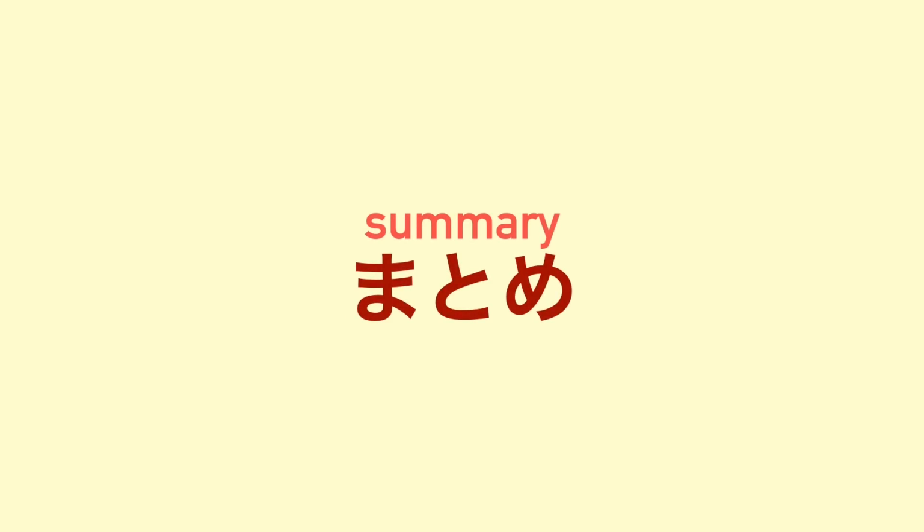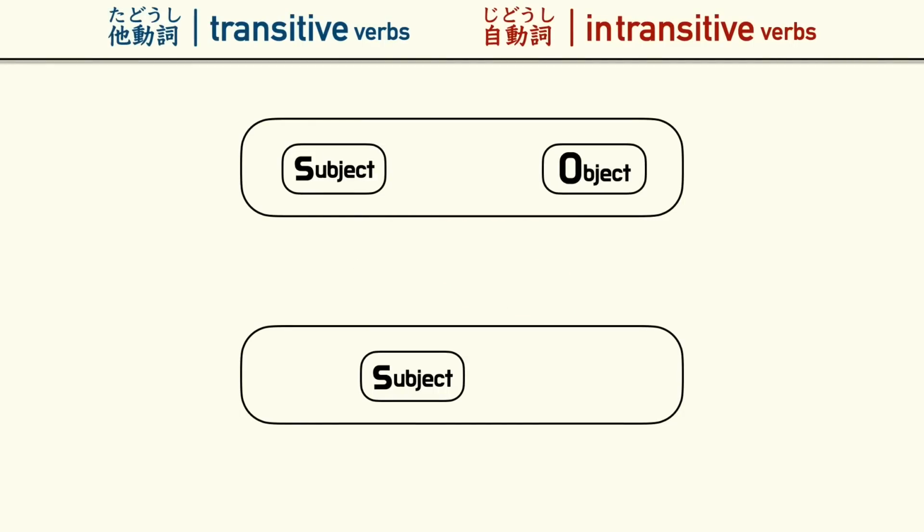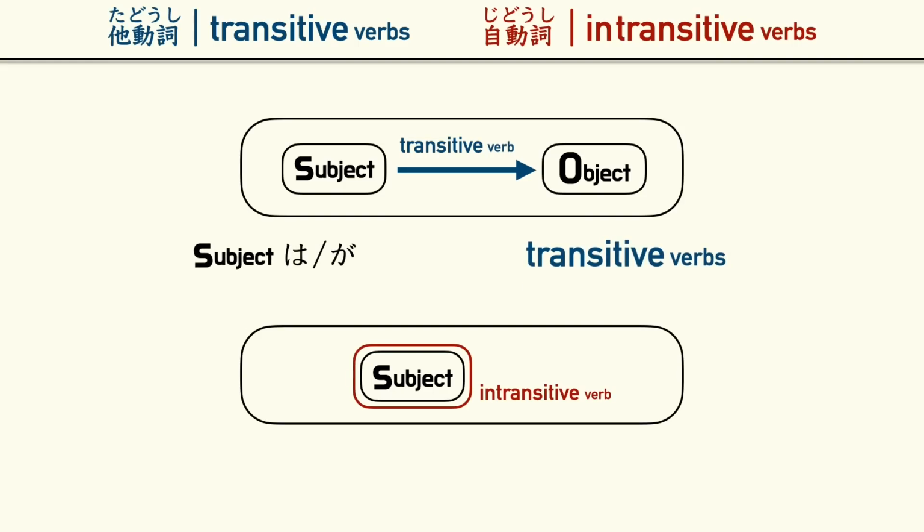まとめ. So in today's lesson, we learned about transitive and intransitive verbs, or 他動詞 and 自動詞 in Japanese. 他動詞 is an action that the subject performs on objects. 自動詞 is an action that the subject performs by itself without directly affecting anything else. 他動詞 can take an object, meaning it can take the o particle.